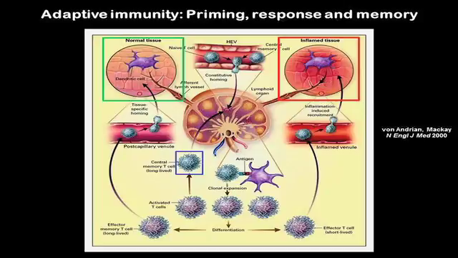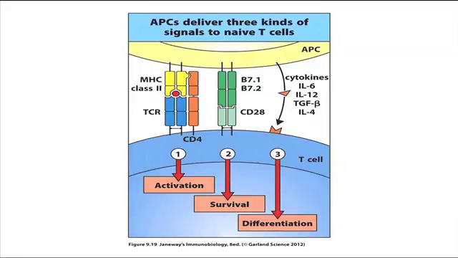So central memory T cells alert the organism whenever a pathogen to which it has previously been exposed has re-entered the scene. Let's take a more close-up look at what antigen-presenting cells tell the T cell.